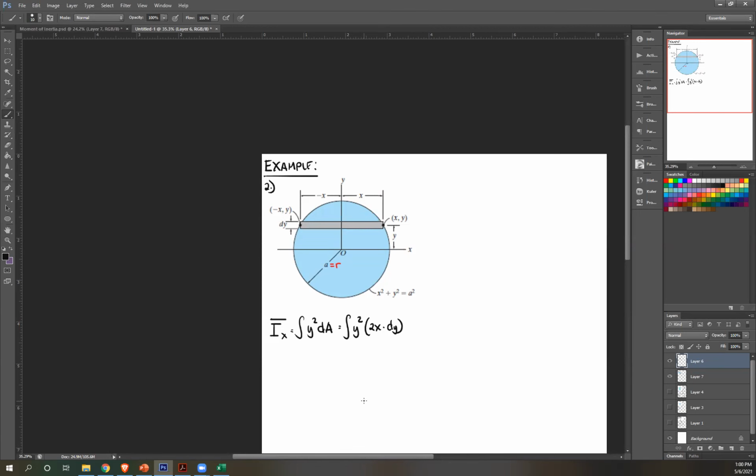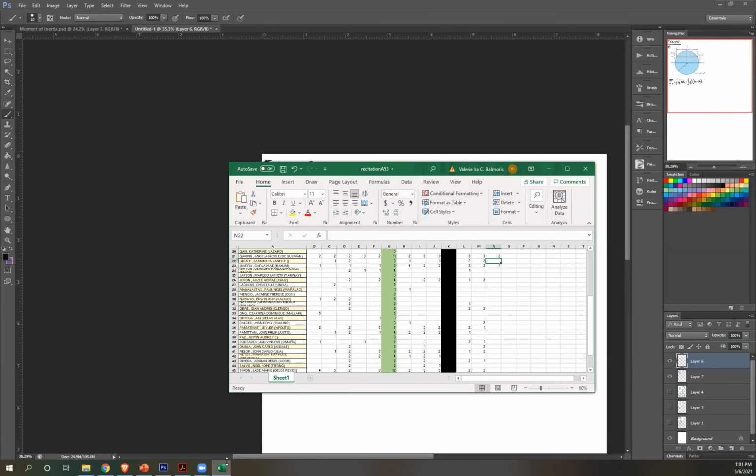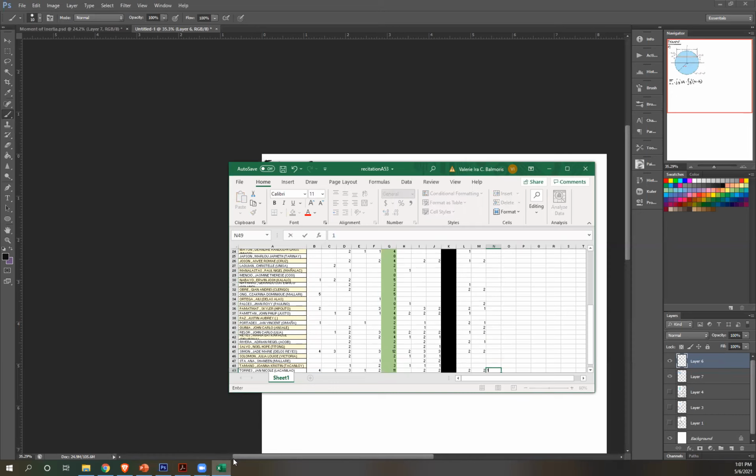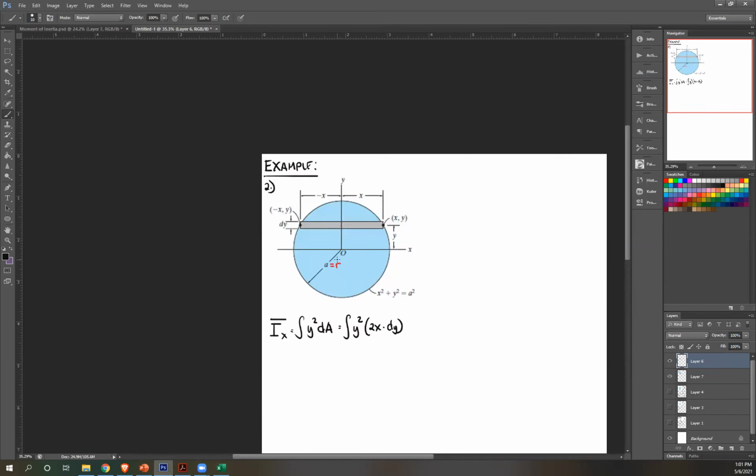Correct, John and Angela, negative r. Why? If this is your radius r, and the lowest limit is here, therefore this point is negative r. And likewise, the upper limit is this point, and that coordinate is your positive r. So from negative r to positive r.